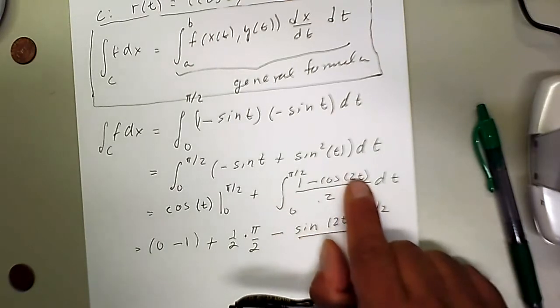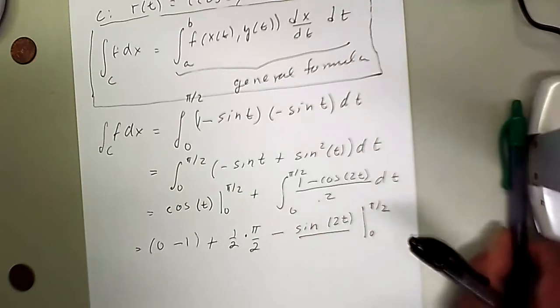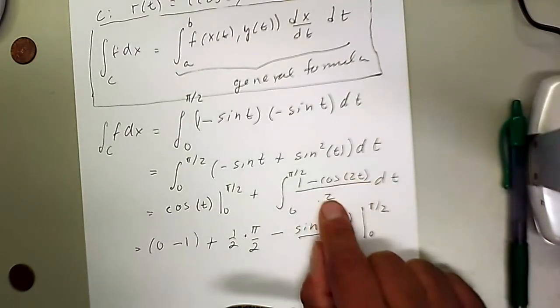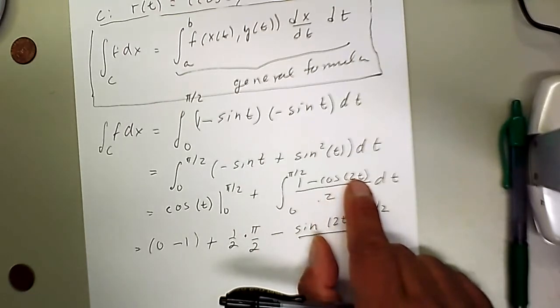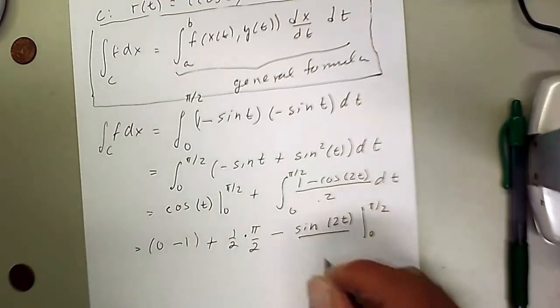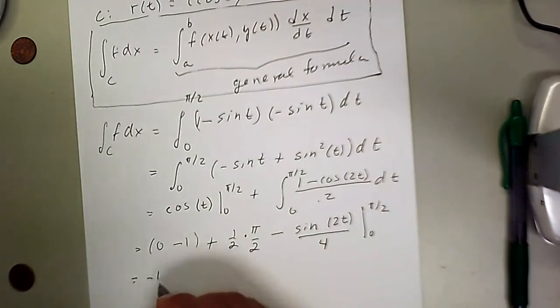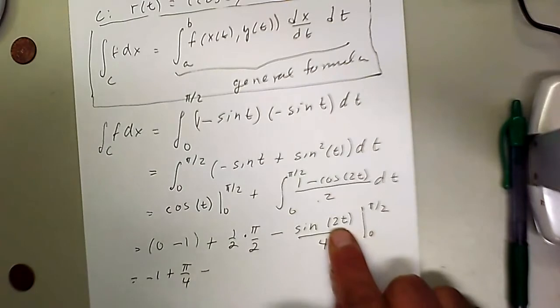So if you use substitution, u equals 2t, du equals 2 dt. So we have an extra 2 to take care of, and we have to divide by another 2. So there's a 2 coming here, another 2 coming from what people would call chain rule backwards. And so we have a 4 in there. So we have negative 1 plus pi over 4 minus, all right.